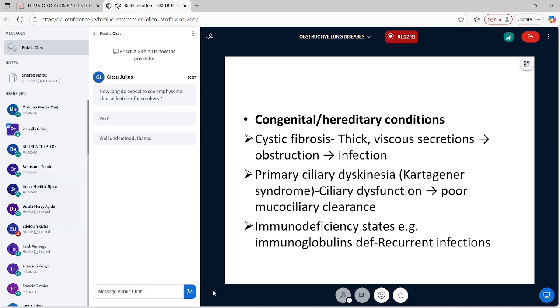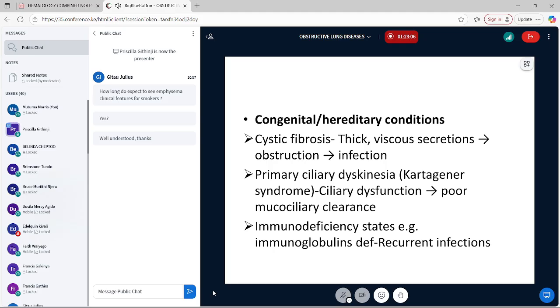In cystic fibrosis, you can go and read about it in your own time. In these patients, they have thick, viscous secretions in the airway that lead to obstruction. And when the airway is obstructed, it creates a breeding ground for infection. Then another congenital disorder is primary ciliary dyskinesia, or what we call Kartagener syndrome. In these patients, they have ciliary dysfunction.